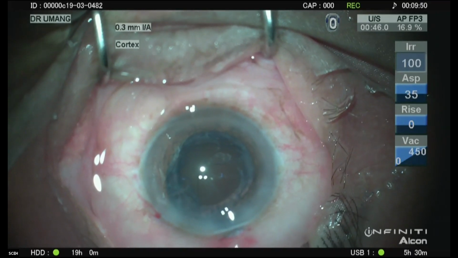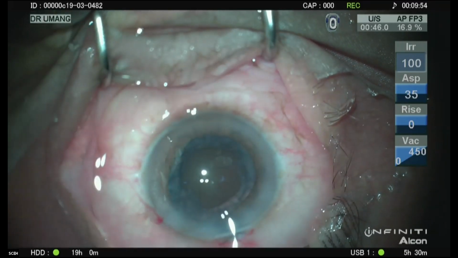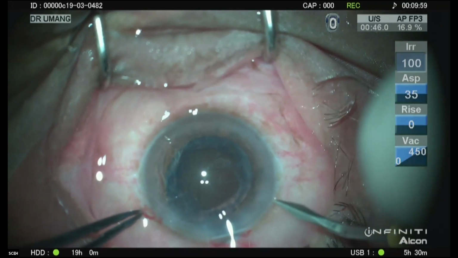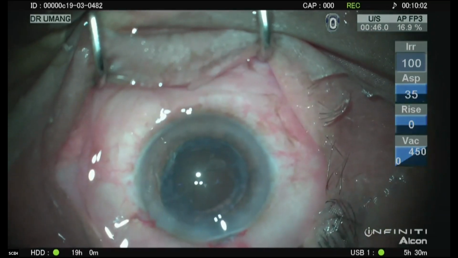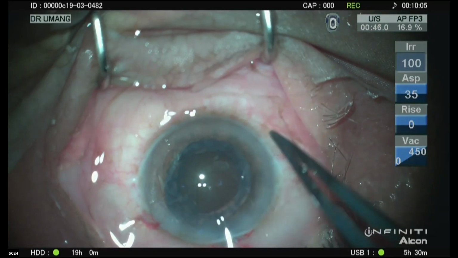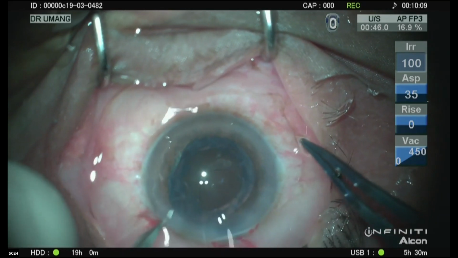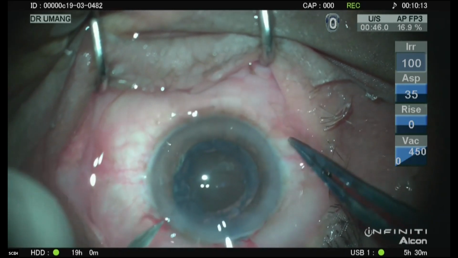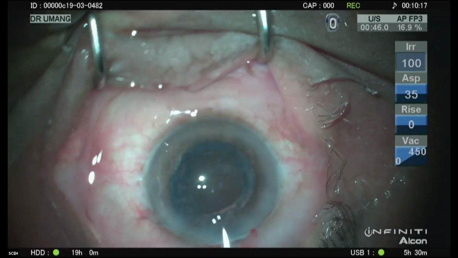I'll be using a bimanual I/A. Now, to accommodate the bimanual I/A, I need to enlarge my side ports. So if we have to do that, it's better to do it at this stage instead of trying to make large side ports right in the beginning, because that would cause problems with the fluidics during phacoemulsification.